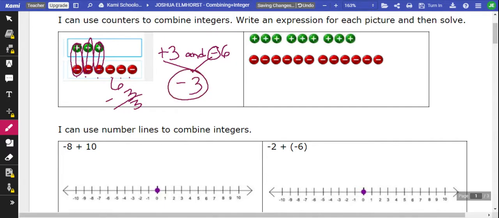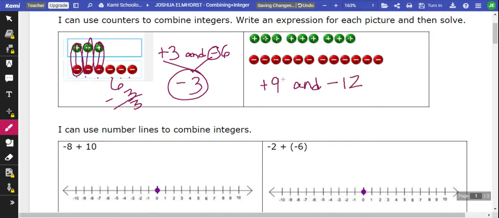-3. So on the right, we have 1, 2, 3, 4, 5, 6, 7, 8, 9. So there's 9 positives, and 1, 2, 3, 4, 5, 6, 7, 8, 9, 10, 11, 12 negatives.